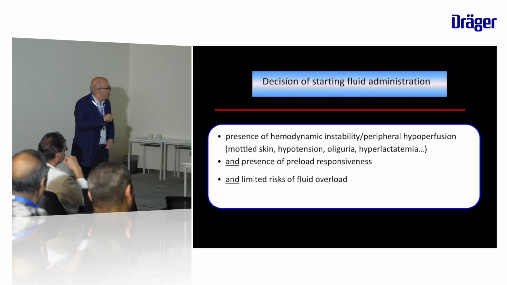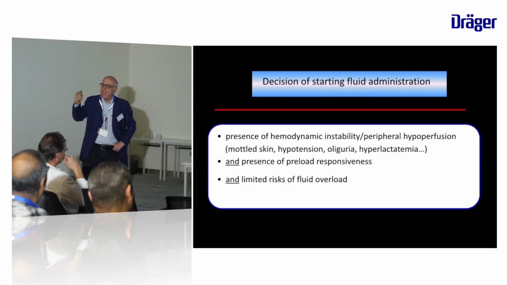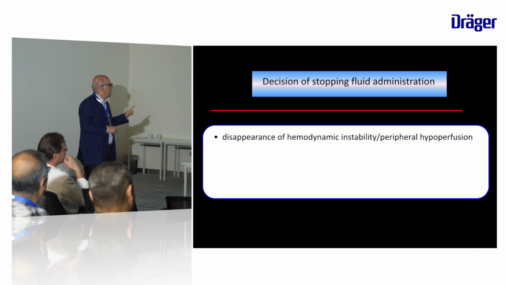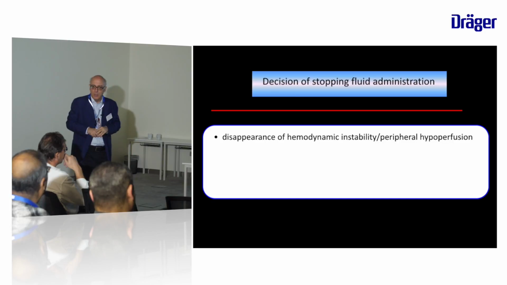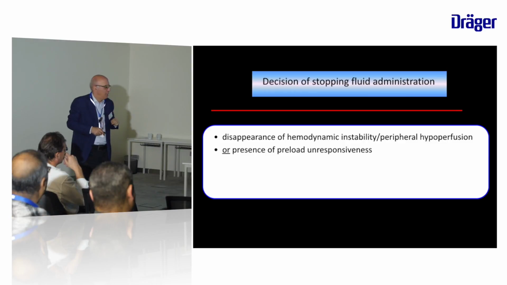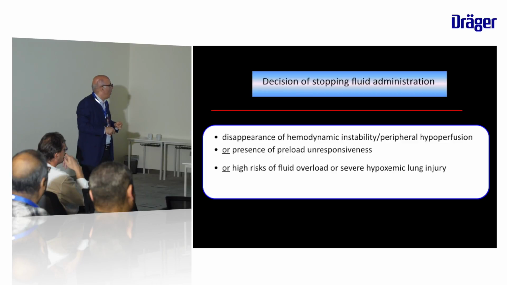So the decision to start fluid administration, remember, is these parameters with all the difficulties that we discussed, and the presence of hemodynamic instability, so clinical parameters. The decision to stop administration is the disappearance of hemodynamic instability and peripheral hypoperfusion, including lactate, so the metabolic, or the presence of preload unresponsiveness, or a high risk of fluid overload in severe hypoxemic patients.